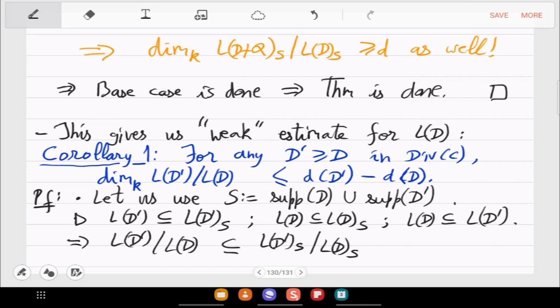So when you consider LDS 0, you have to show that LD is subsumed in that, but that is obviously correct because you know that LD is a subspace of LDS. So it can be seen as, it's an injection.